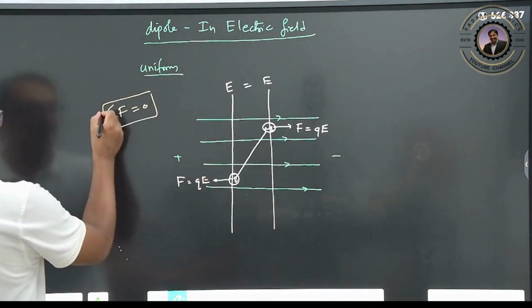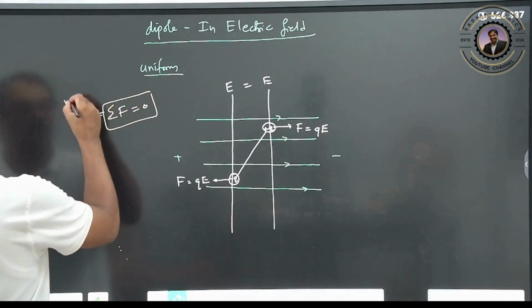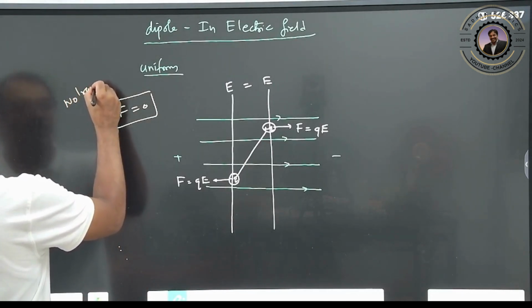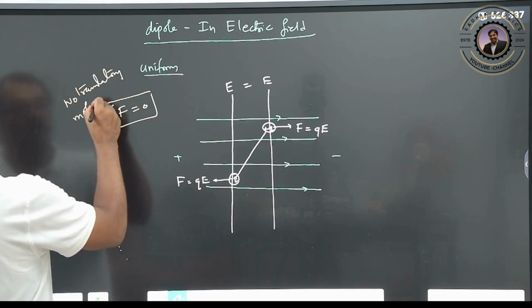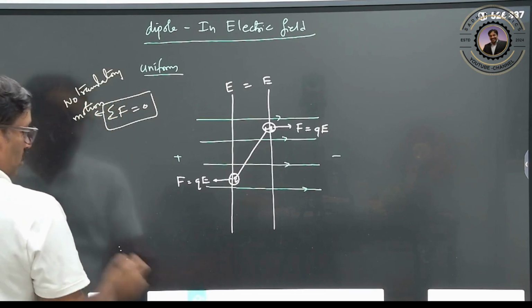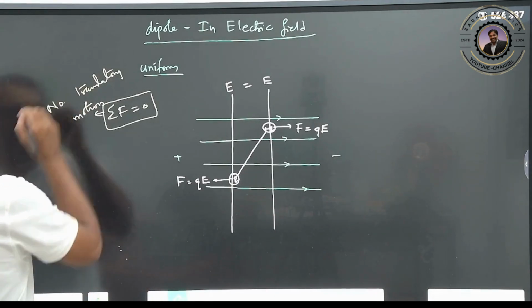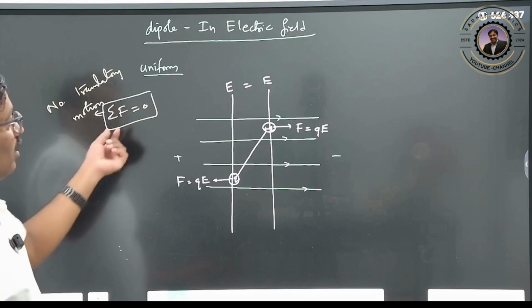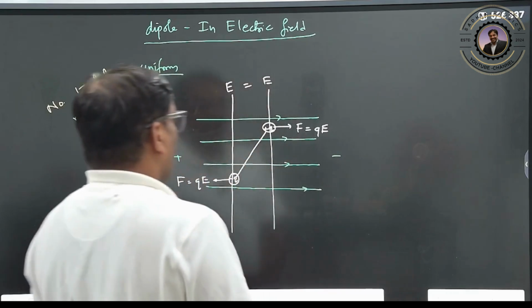Therefore if a dipole is kept in a uniform electric field, there is no translatory motion. Why? Because the net force is equal to 0. But what about the torque? The net torque will not be equal to 0.